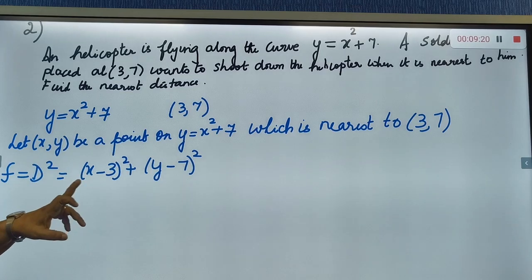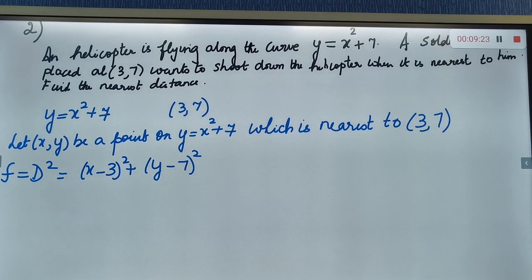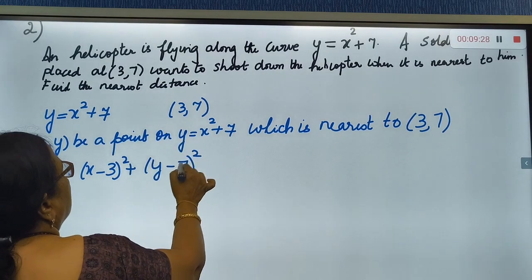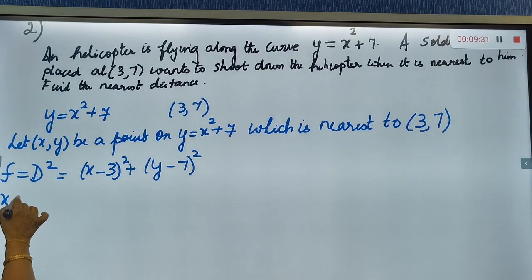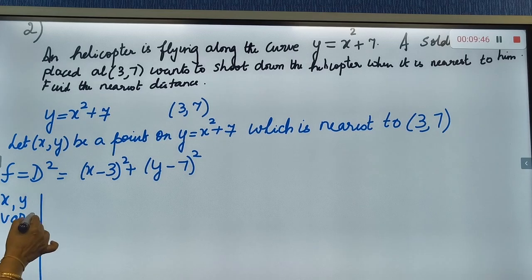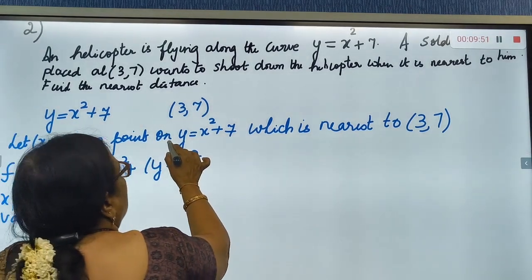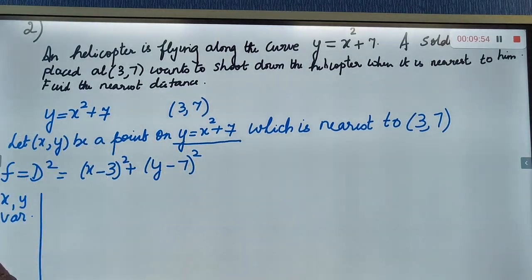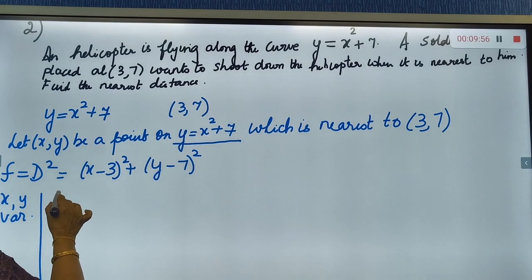Distance between x comma y and 3 comma 7: x minus 3 the whole square plus y minus 7 the whole square. Now this is a function of x and y, which are both variables, because of all the infinitely many points on the parabola, we are finding the point which is closest to 3 comma 7. So x and y are variables, but we know that x comma y lies on the parabola, so y is equal to x square plus 7.